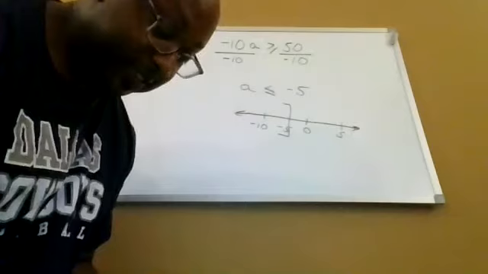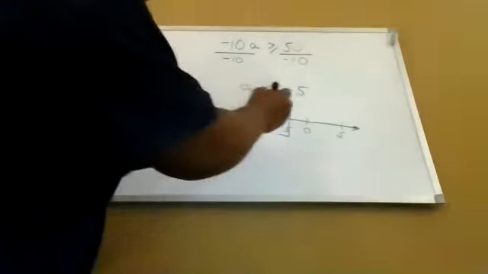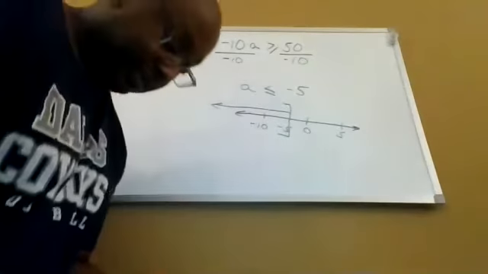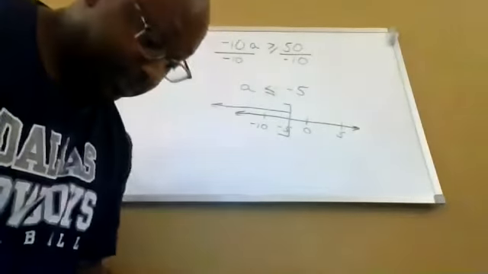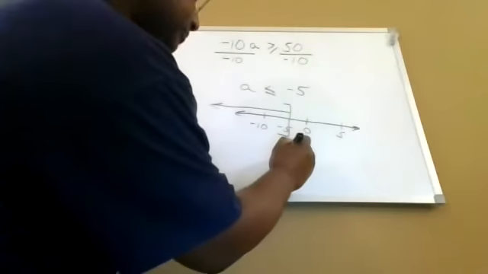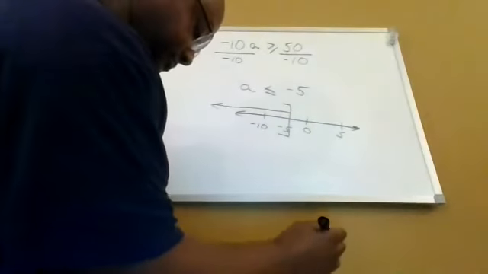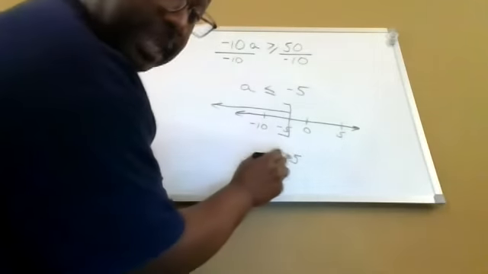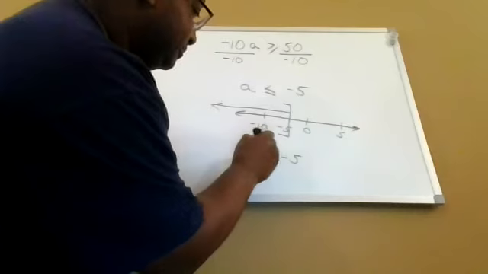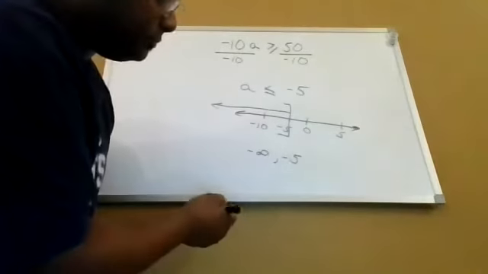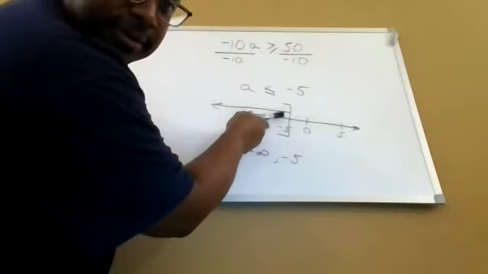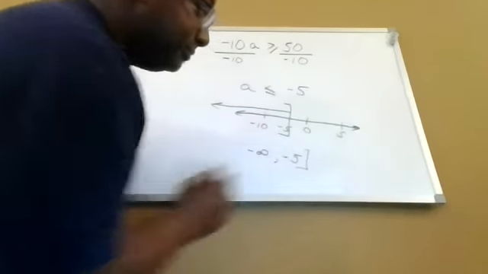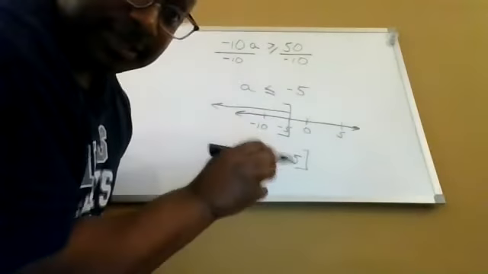And all the values less than will be everything to the left. Now, in interval notation, it's going to be -5 to -infinity. Since I had my square bracket up here, I have a square bracket down here. And then for -infinity, it's going to be a parenthesis.